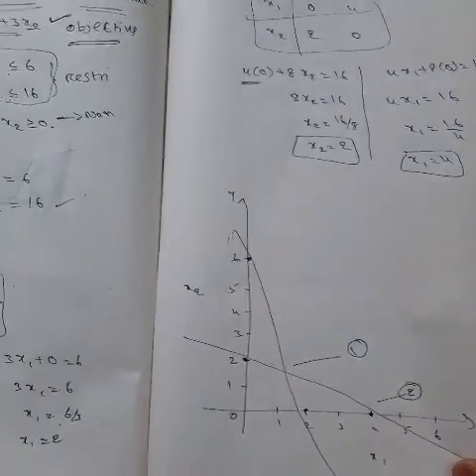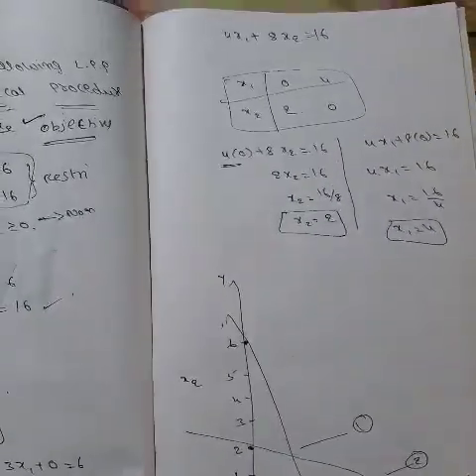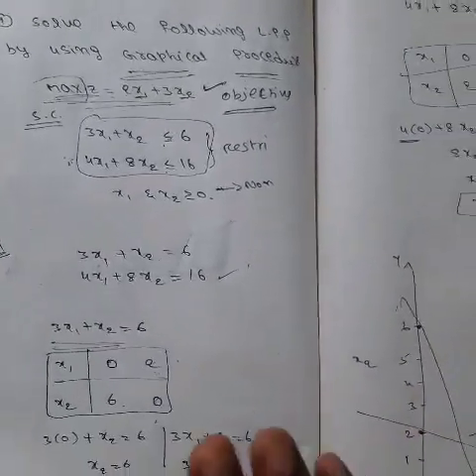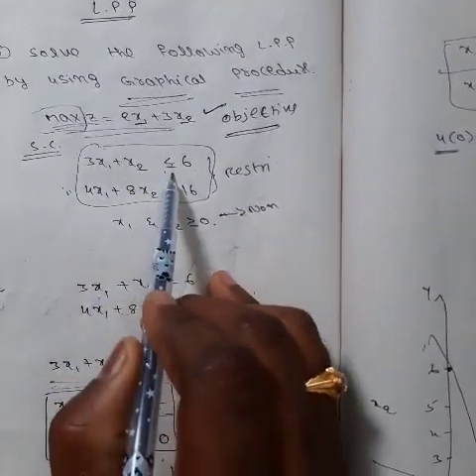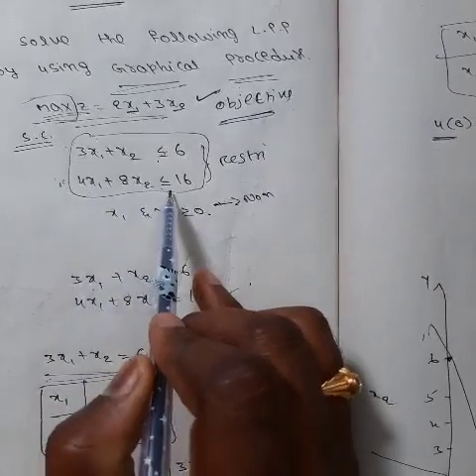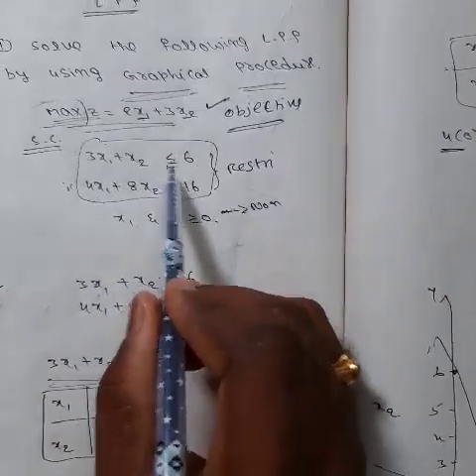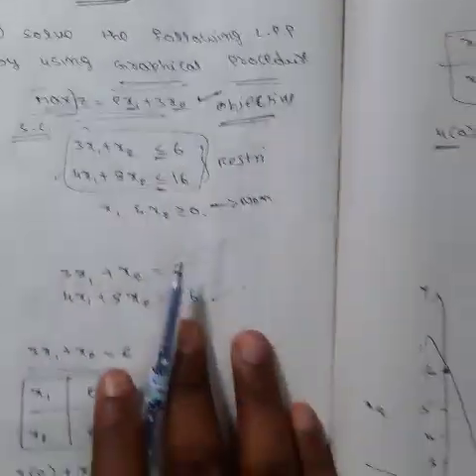Now we have to generate the values of x1 and x2. So simply observe the equations that I have given in the problem. 3x1 plus x2 less than or equal to 6, 4x1 plus 8x2 less than or equal to 16. The inequalities are less than or equal to.